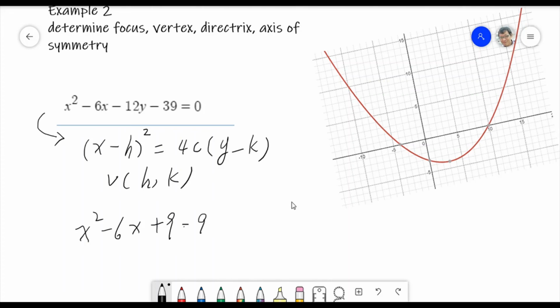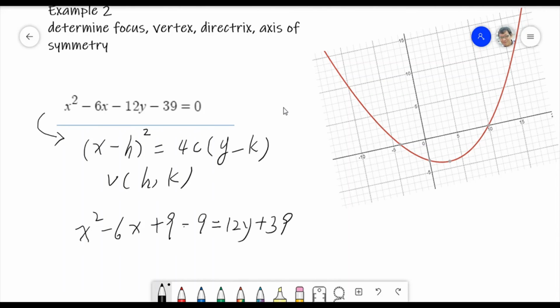Then we put these two items on the right side, because it's easier with y on the other side, so it looks like the standard equation. So it equals negative 12y, moved to the right side, 12y plus 39, right? Here there is a negative 9, which we move to the right side as well.